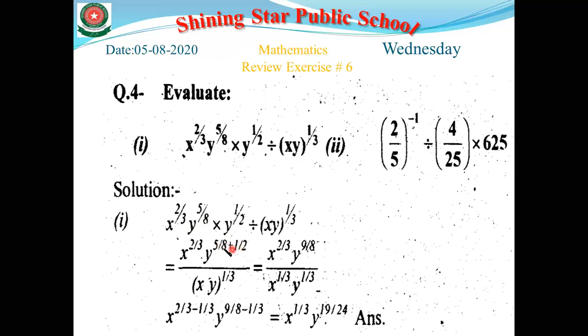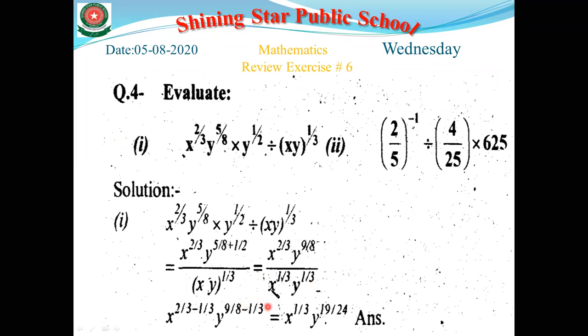Now 5 over 8 plus 1 over 2 is 9 over 8, and I know all of you know how to take the LCM. Okay, so when you take the LCM of 5 over 8 plus 1 over 2, it becomes 9 over 8. Okay, in the denominator, when we apply the power on x and y, it becomes x power 1 over 3, y power 1 over 3. Very simple.